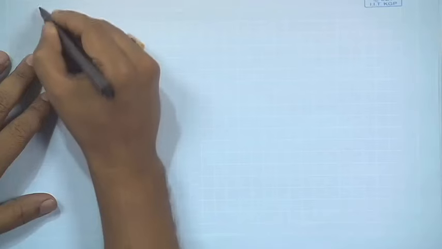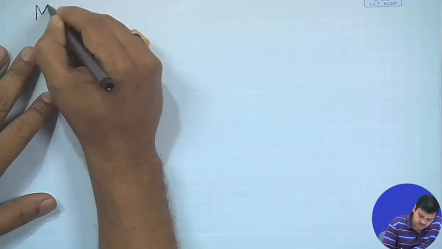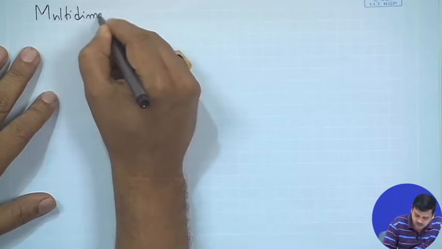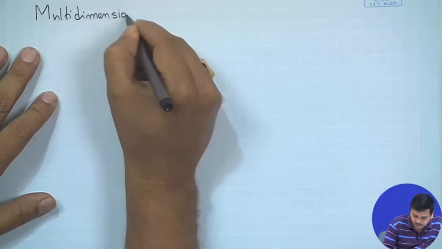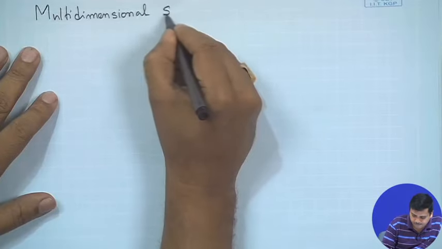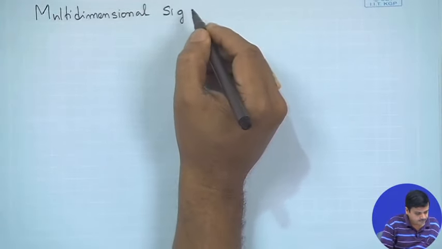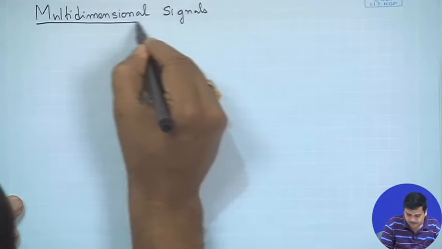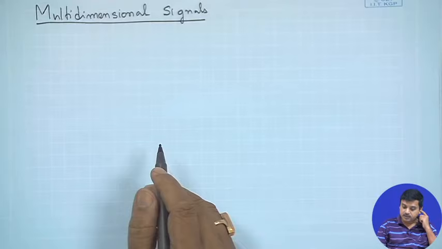Since we have talked about vectors and signal space, we hinted at the point that we need to go to multidimension, and therefore we would like to look at multidimensional signals.